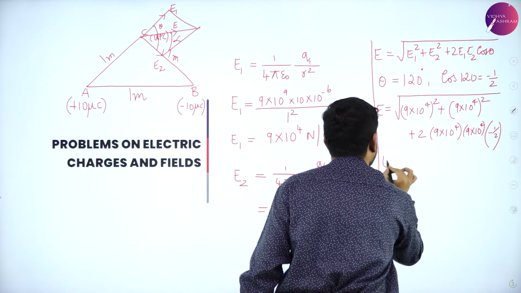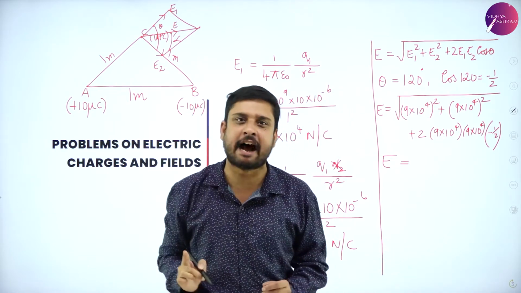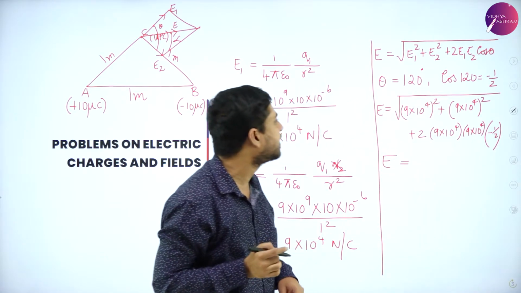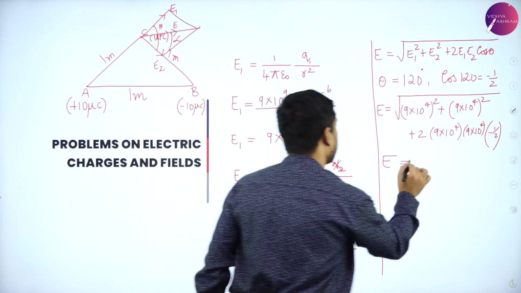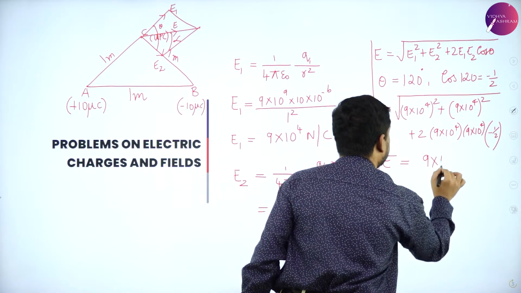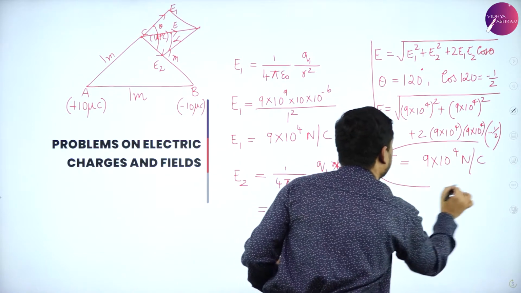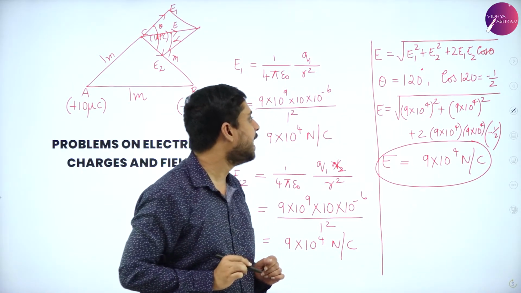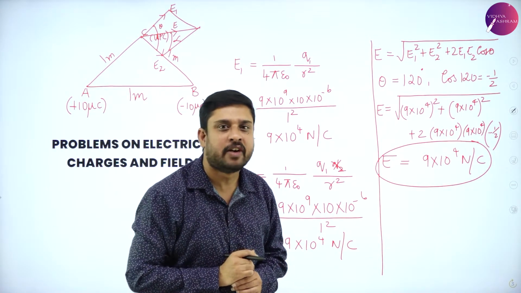And on simplification, this simplification is your task. Pick up your calculators. 2 and 2 get cancelled. It is very simple. So this turns out to be 9 into 10 power 4 Newton per Coulomb. So the resultant electric field is 9 into 10 power 4.